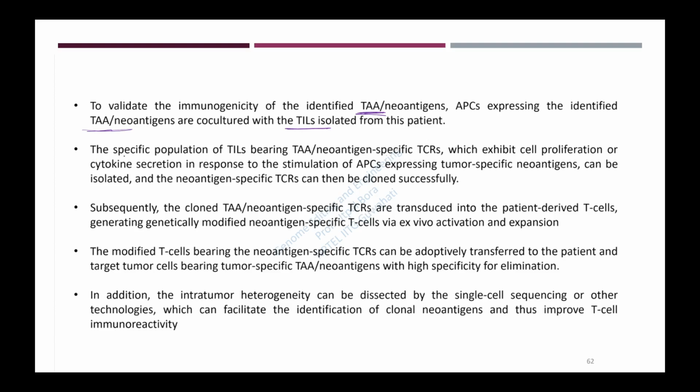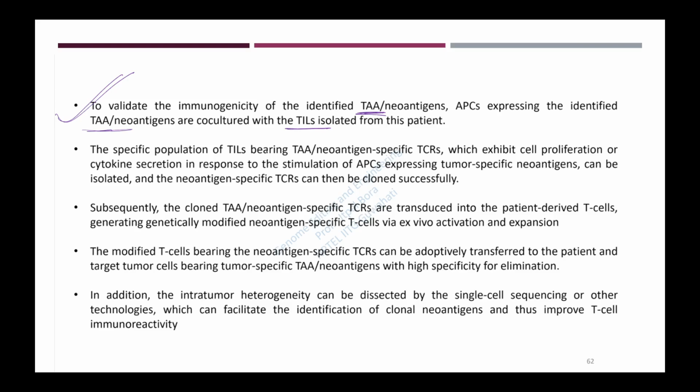Okay, so this will also validate what you are finding from the bioinformatic analysis, that these particular genes are being mutated, and you can categorize them as a neoantigen. Also those particular antigen presenting cells, you can co-culture with the T cells that are derived from the patient, and that response can also tell or validate your immunogenicity against that particular neoantigen.